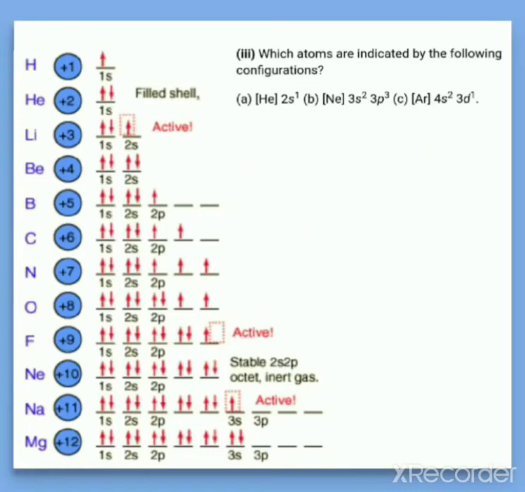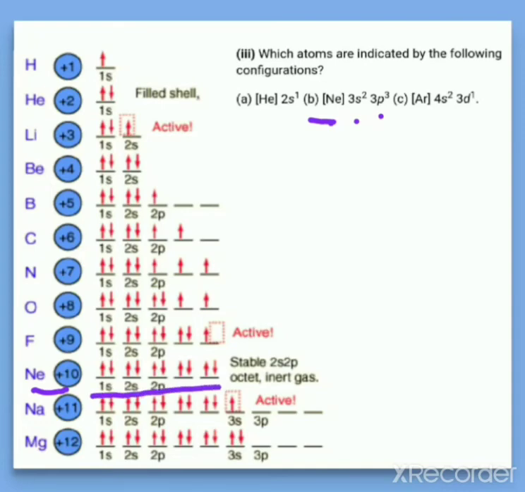Let us do the next one, that is Ne 3s2 3p3. Neon has atomic number 10. In the case of neon, it is a stable configuration, and all the orbitals are fully filled.